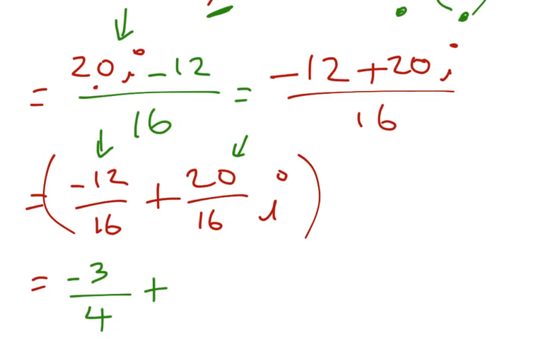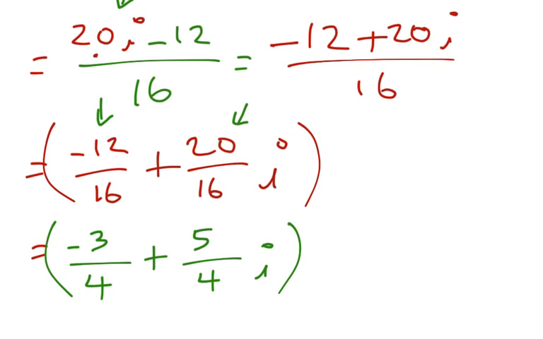Now, between the 20 and the 16, I can divide also by 4. So, 20 divided by 4 is 5. 16 divided by 4 is 4. And this will be my final answer. You'll have negative 3 over 4 plus 5 over 4i. And that's your answer. Done with division. Review, please. Thank you.